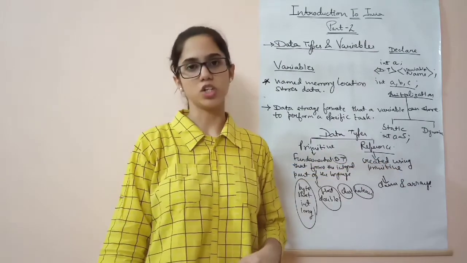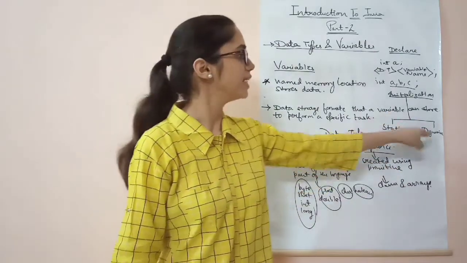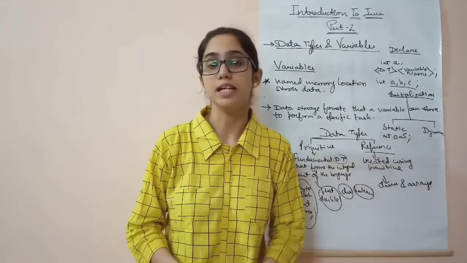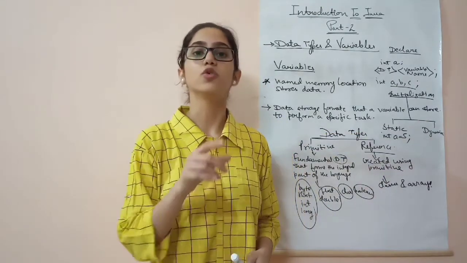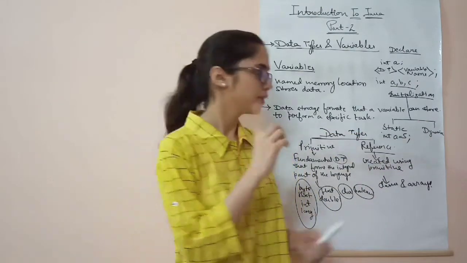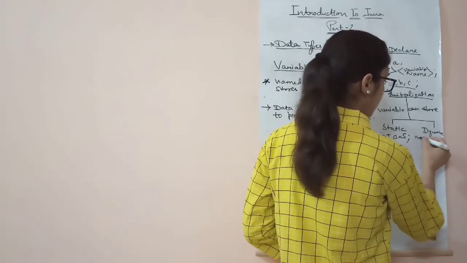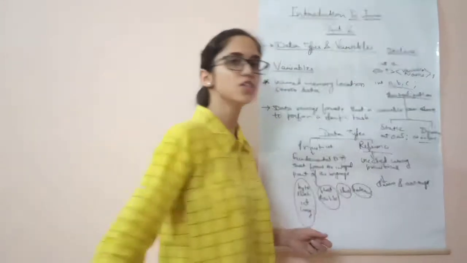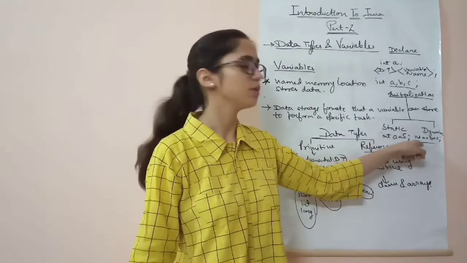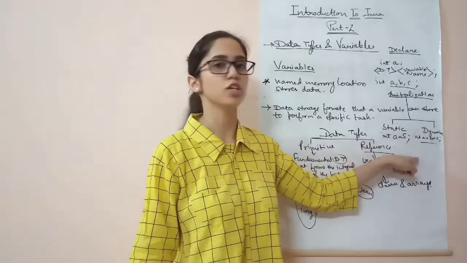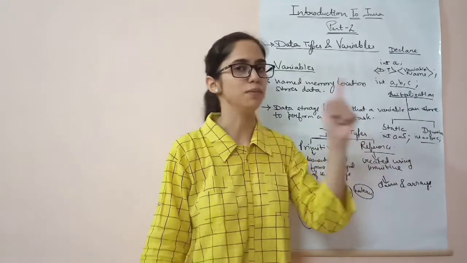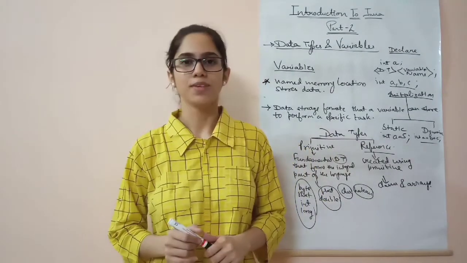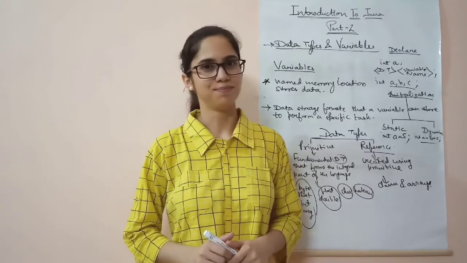This is static initialization. On the other hand, dynamic initialization means assigning the value during the execution of the program. Like I write int a equals b plus c. This way the value to a will be assigned during the execution, that is when b and c will be added in the program. This is how it works.